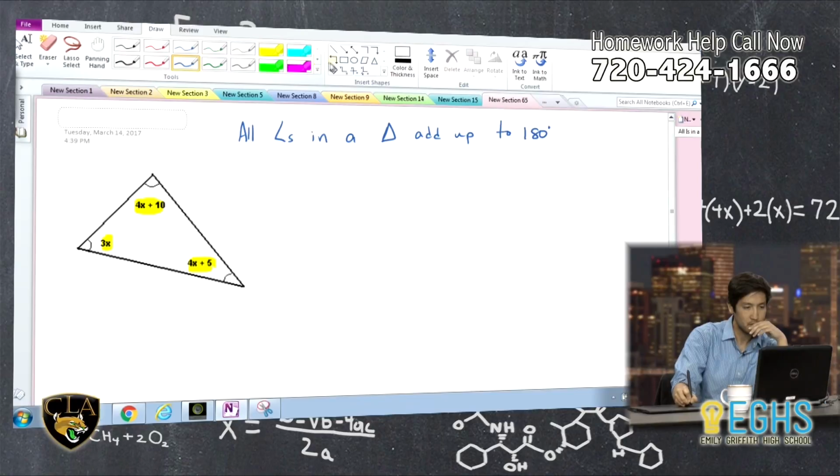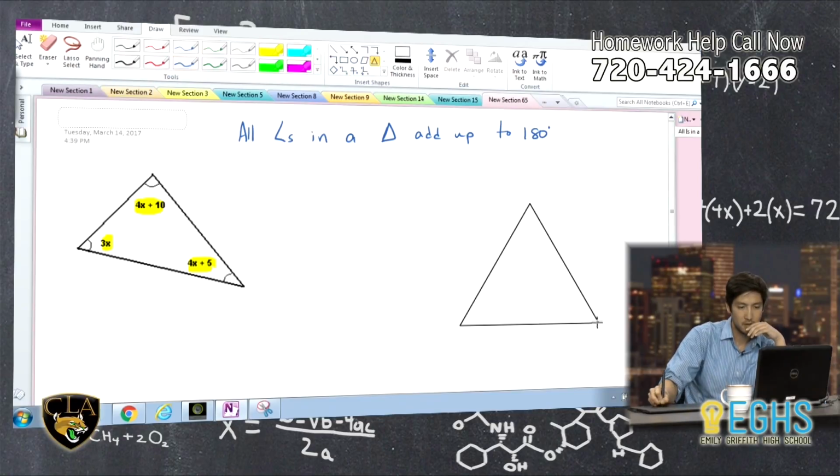So let me give you a quick example. If I had a triangle like this, if this angle were, say, 60 degrees, and this angle were 70 degrees, this angle would have to be 50 degrees. Otherwise, you can play around with it with a protractor, but if you try to create a triangle that doesn't match that, it won't form a triangle.